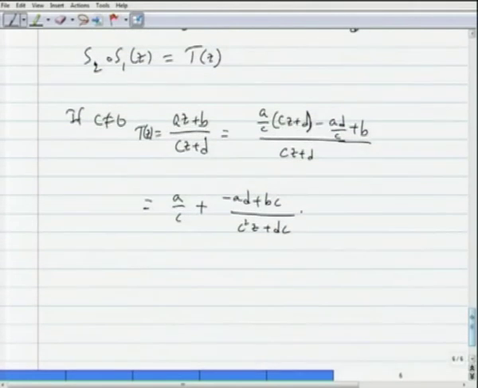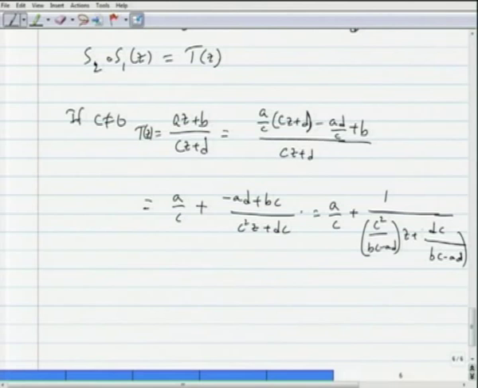Okay. So, now I see what the form is. This can be written as a by c plus 1 divided by c squared by (bc minus ad). Notice bc minus ad is non-zero, z plus dc divided by bc minus ad.